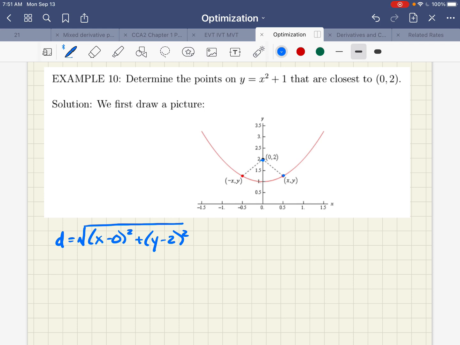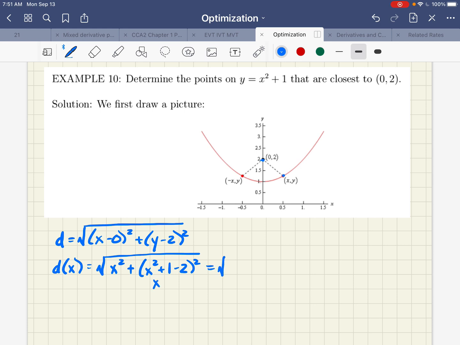All right, and then we can do a substitution, so we get d as a function of x. This is the square root of x squared plus, and then for y, we would put x squared plus 1. And let's clean this up a little bit.